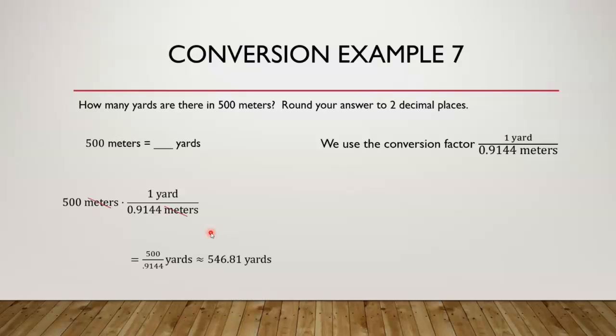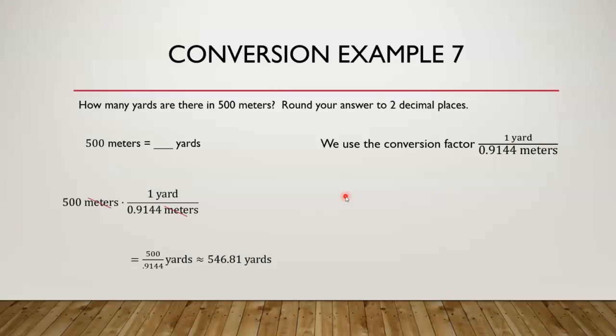And so we get 500 times 1 over 0.9144, which is this, yards, which turns out to be about this. But that's what it is. So again, whatever's in the denominator is what you start with. The unit you end in, that's what goes on top. Okay. So that's why we multiply by this conversion factor.